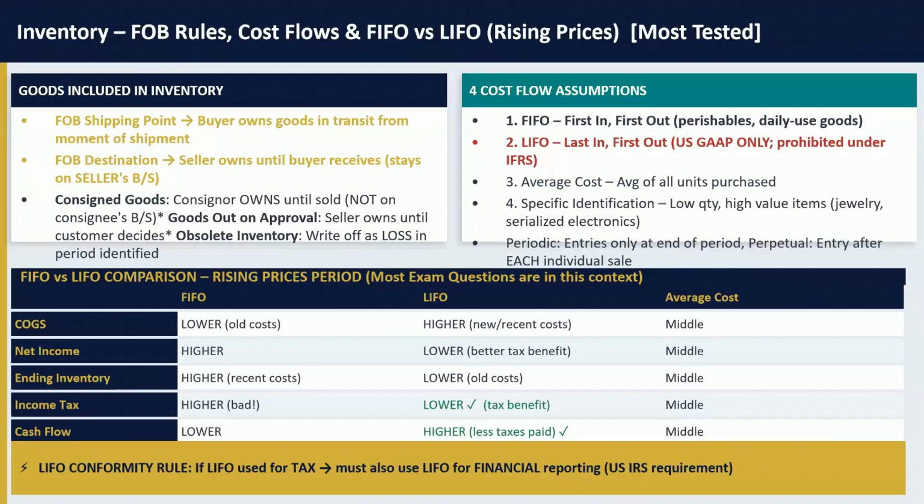Next up, goods out on approval. Goods out on approval means there are some goods that will be sold for testing purposes, on a trial basis. So you'll give a trial inventory to the customer for a specific time period. It can be for 1 day or 1 week.